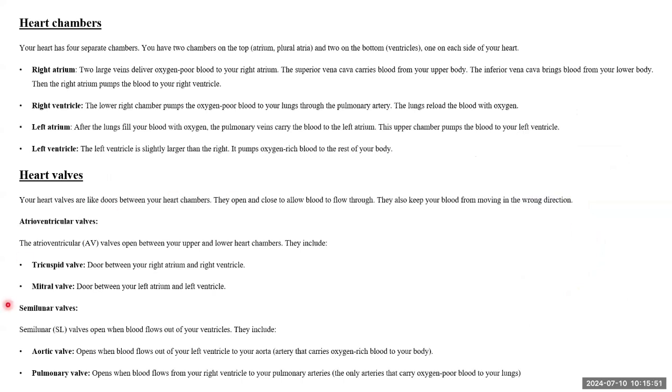So we were talking about semilunar valves. Number one is the aortic valve, which is at the base of the aorta, and the other one is the pulmonary valve. The aorta exits from the left ventricle.